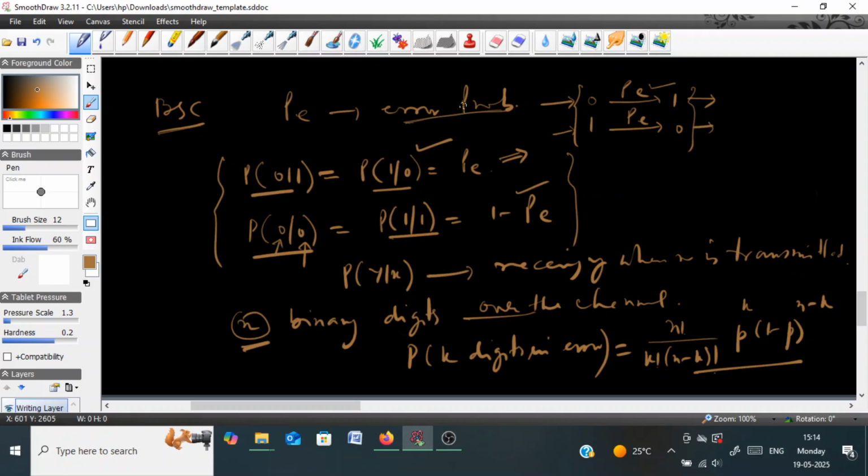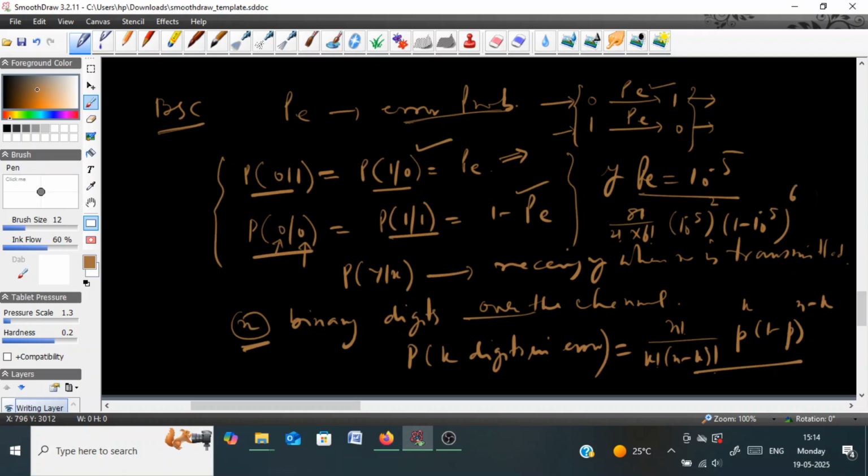Okay, so for example, if your probability of error is 10 to the power minus 5, then the probability of receiving 2 digits wrong in a sequence of 8 digits will be 8 factorial divided by 2 factorial into 6 factorial into 10 to the power minus 5 to the power 2 into 1 minus 10 to the power minus 5 to the power 6.